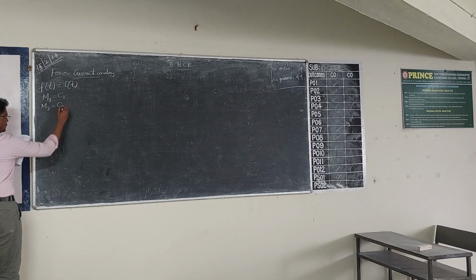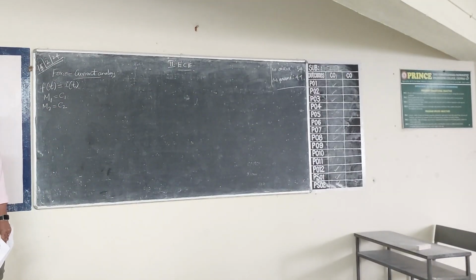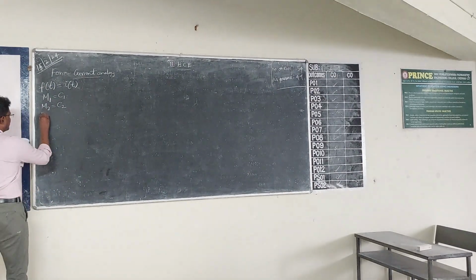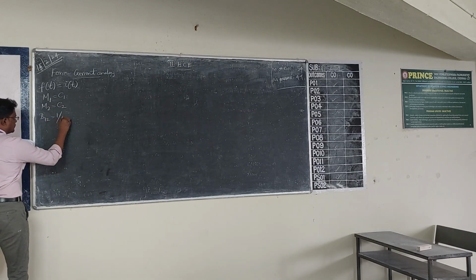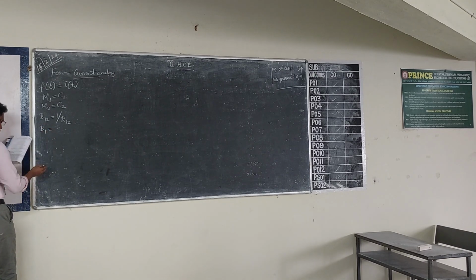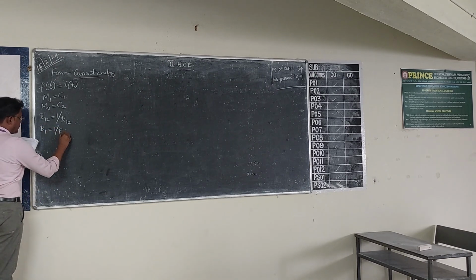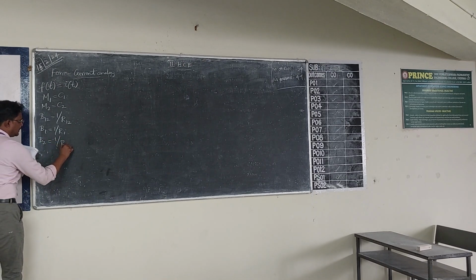M2 is equal to C2. See, from the data column, what we saw in the previous class, D1 is equal to 1 by R1. D2 is equal to 1 by R2.